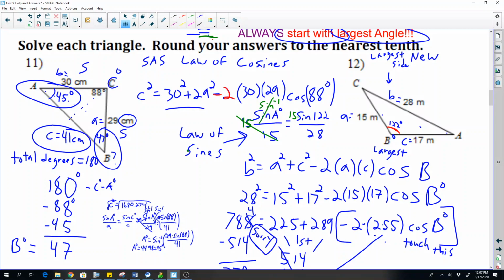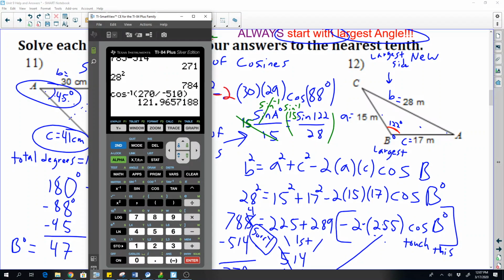If you do it to one side, you have to do it to the other side. So now we're going to inverse sine that. We'll go to our calculator and do inverse sine of open parenthesis 15 times sine 122, close parenthesis, don't forget that, divided by 28, close parenthesis.